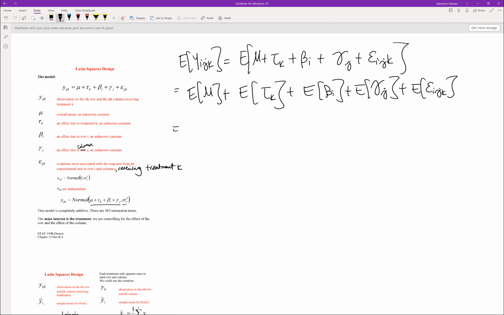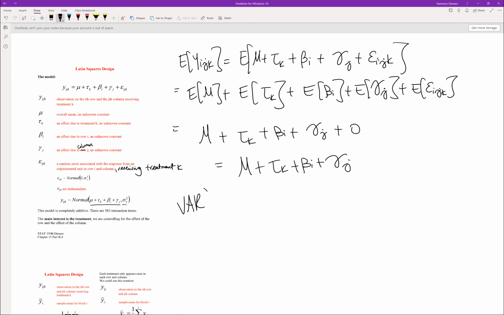Since mu is an unknown constant, the expected value of mu should just be mu, plus tau k plus beta i plus gamma j. And then this should be plus 0 because the expected value of those epsilon ijk's are 0. So overall, we get the expected value of yijk is just mu plus tau k plus beta i plus gamma j. And then we can find the variance of yijk in a similar manner.